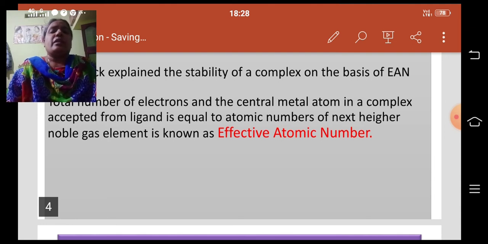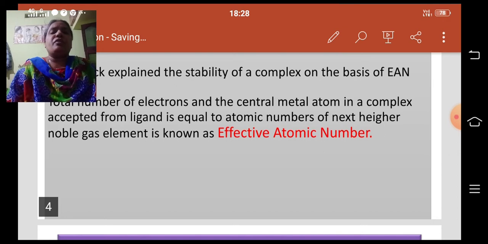So the total number of electrons in a complex is the sum of the number of electrons in the metal or metal ion and the number of electrons accepted by the ligand. If the summed value equals the inert gas atomic number, then that number is known as the effective atomic number.